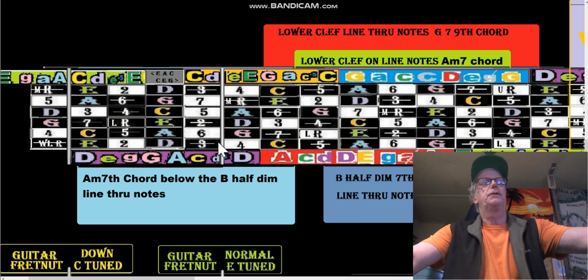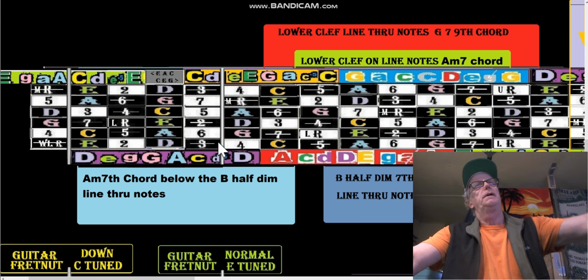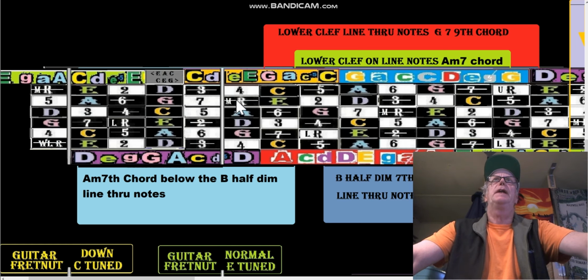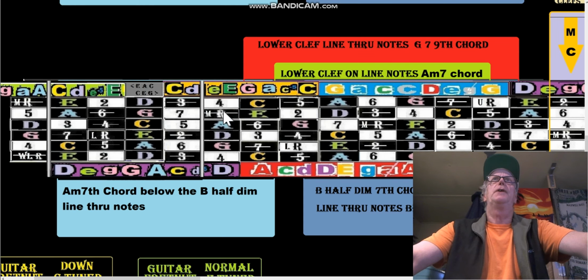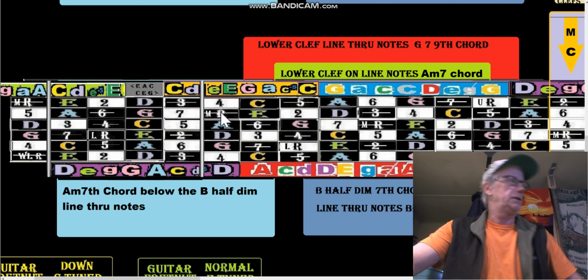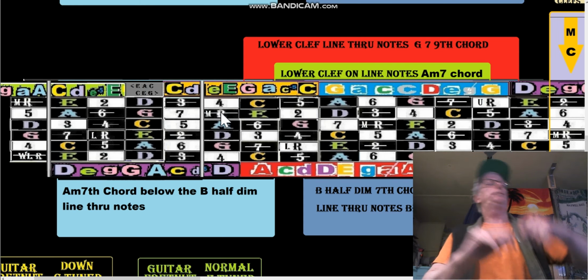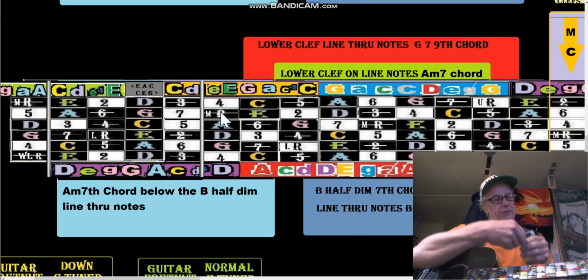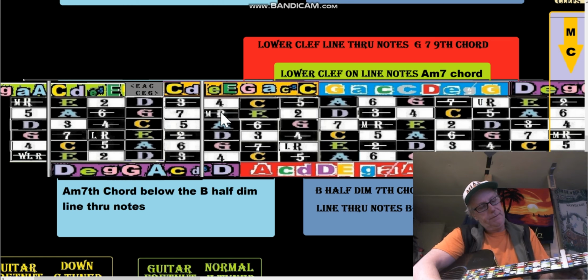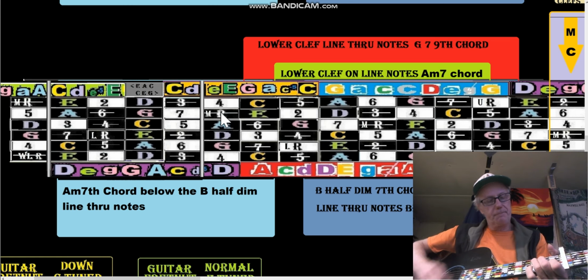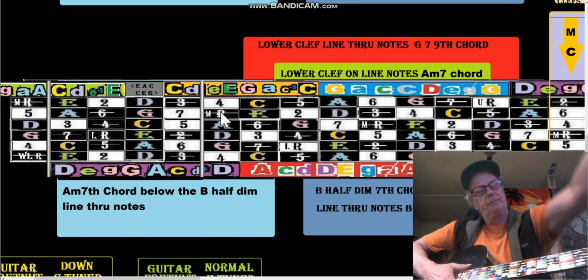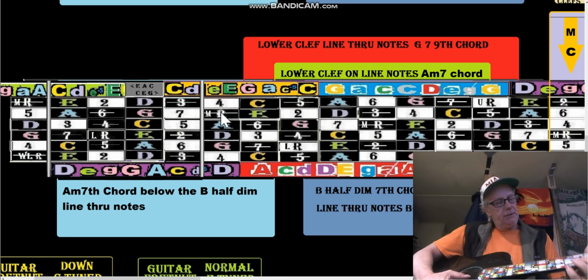So E is the 3rd of C. I'm here at C, and you're here at E. So middle C would be that root C that's up there when you do your regular C chord, just a C-shaped C, open. So right there is middle C.